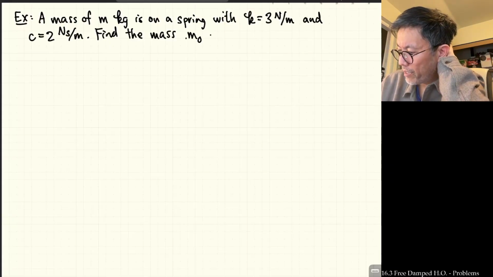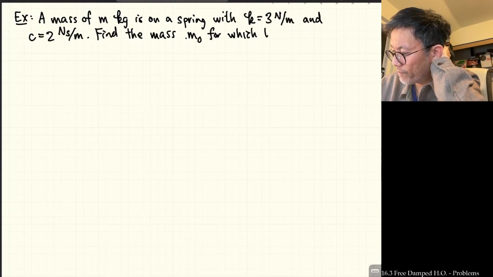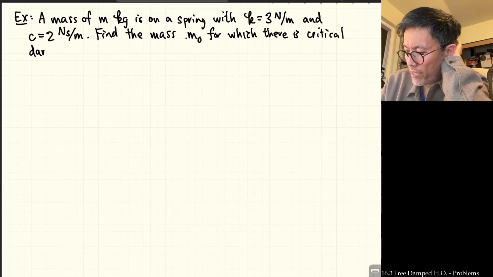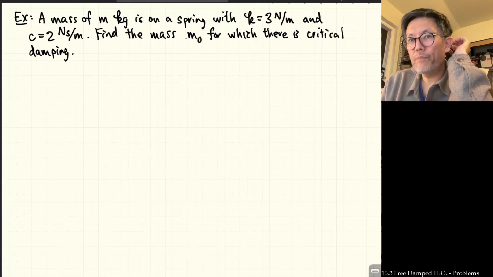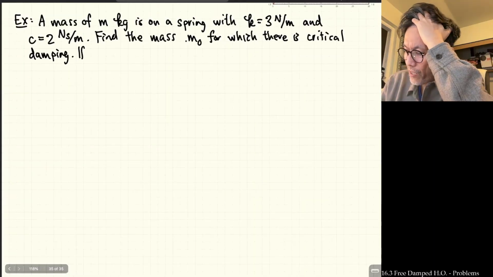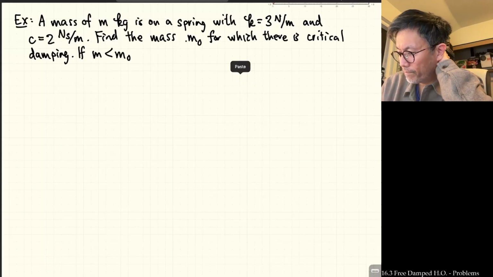m naught for which there is critical damping. And then once we find m naught, there's another question. If m is less than m naught, does the system oscillate or not?